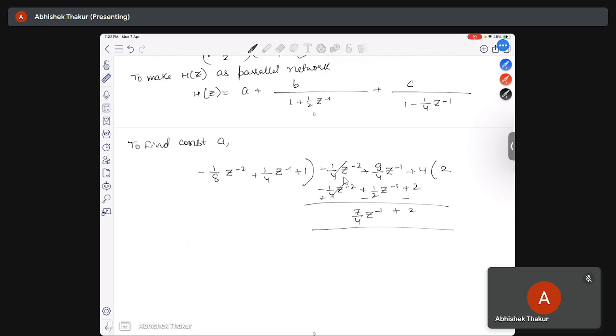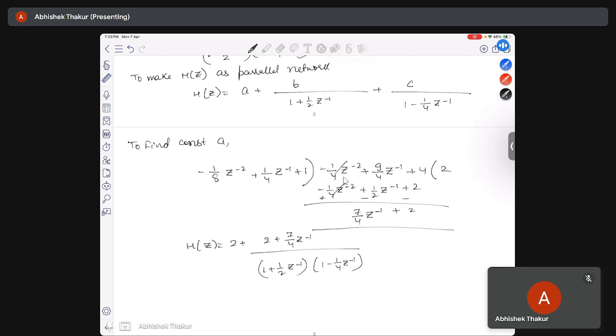So H(z) can be written as 2 plus 7 by 4 z inverse divided by 1 plus half z inverse multiplied with 1 minus 1 by 4 z inverse.